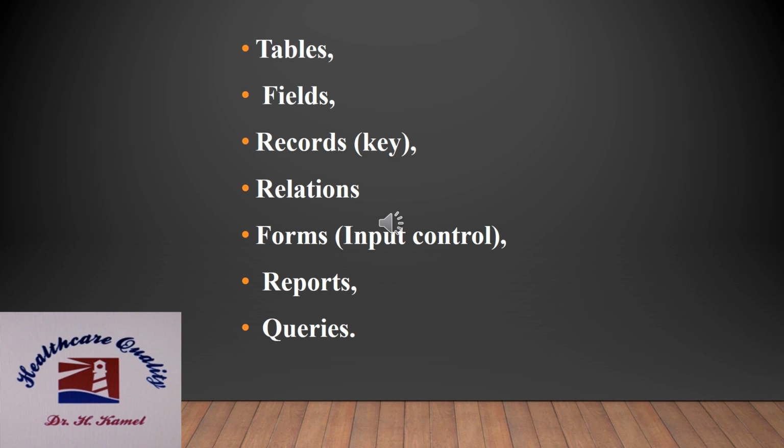Each record has its own unique key. We have relations between these different tables. We have forms to control input and reports to control output. Queries are used to extract a special set of data from these tables.